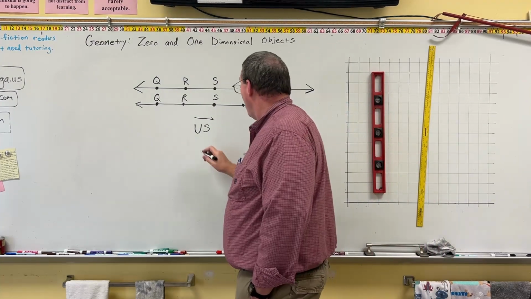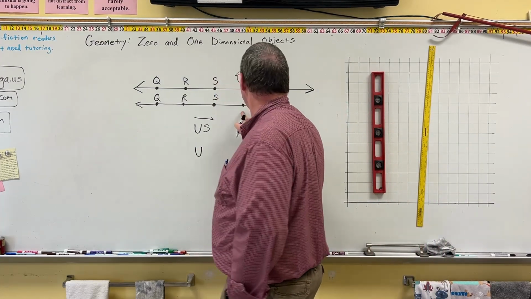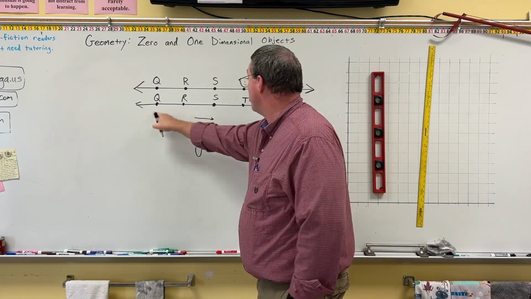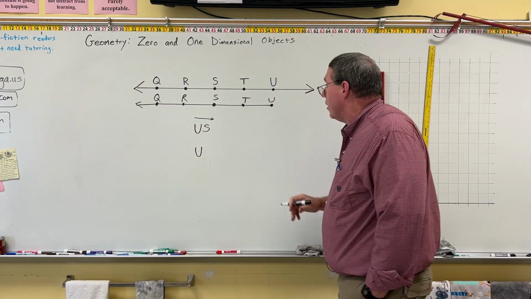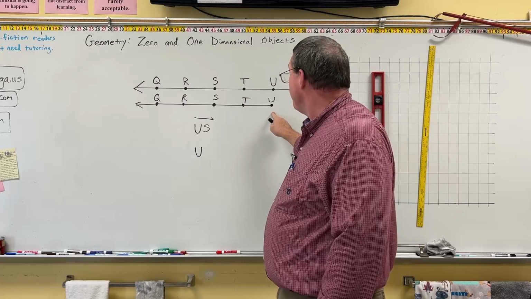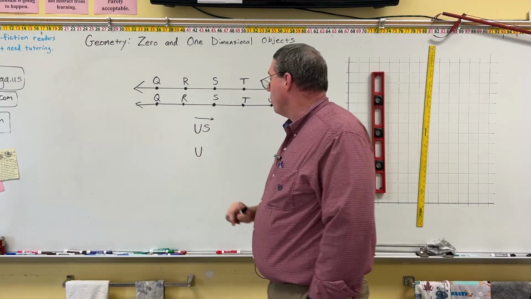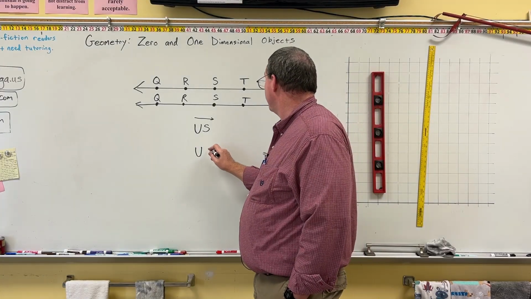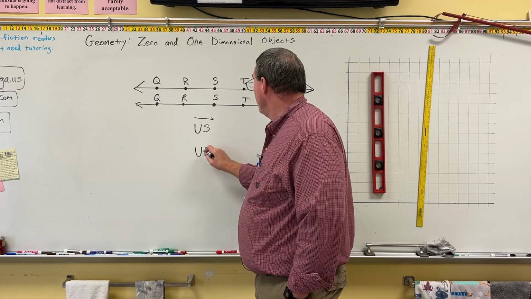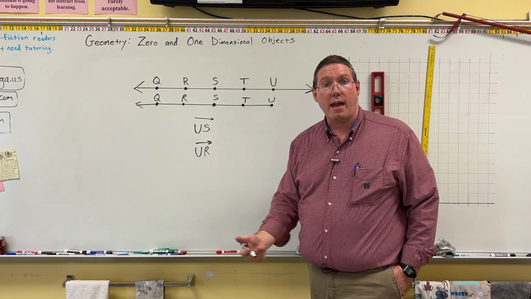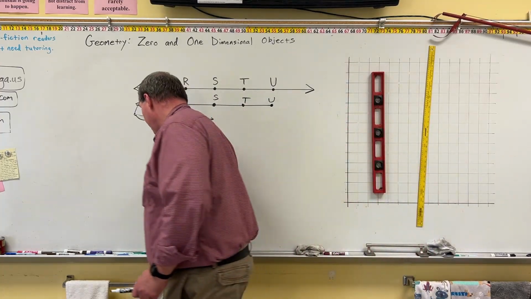We could also call this ray UT or UR or UQ. The only important thing is that since the endpoint is U, we have to start with the letter U. So we could just as easily call this ray UR, and it's still the same ray.